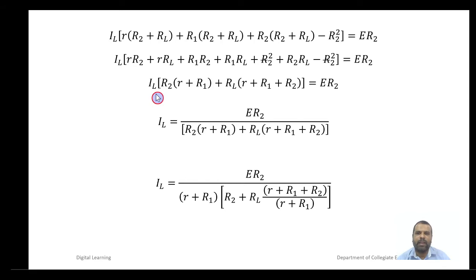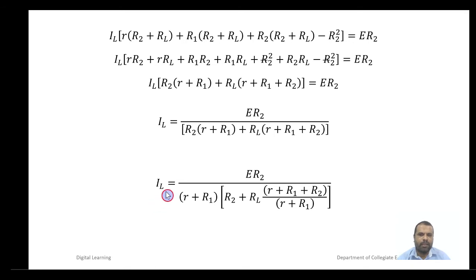Then IL [R2 (r + R1) + RL (r + R1 + R2)] is equal to E R2, or IL is equal to E R2 divided by [R2 (r + R1) + RL (r + R1 + R2)].